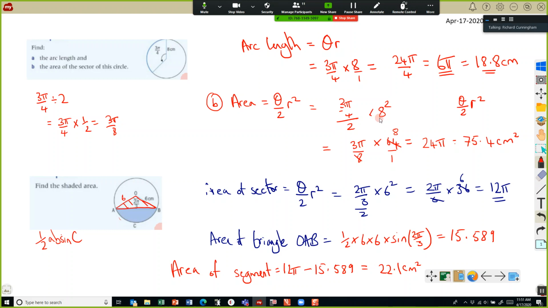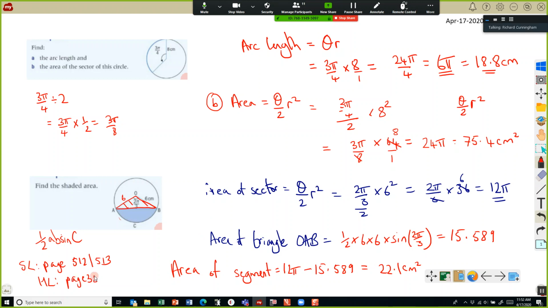If anybody would like me to go through this individually with them, I am happy to do that. I have recorded this, so I will post it just in case you need to go through it. I know I've gone quickly, but I did not want to spend the whole time on Zoom, so that you can actually get the practicing. SL, this stuff is on page 512, 513, and HL, yours is on page 383.